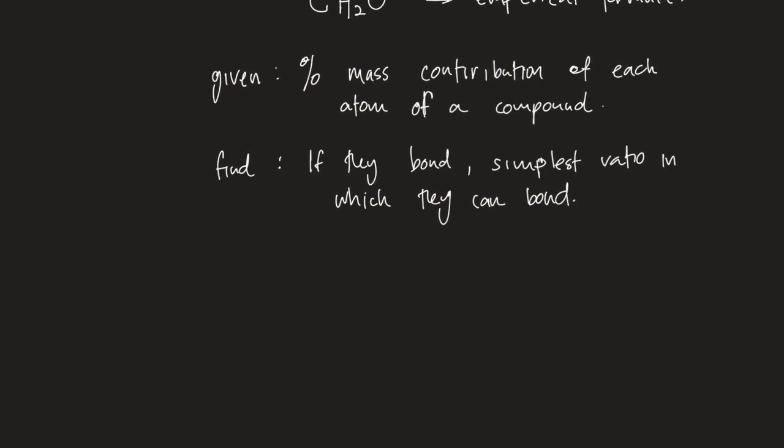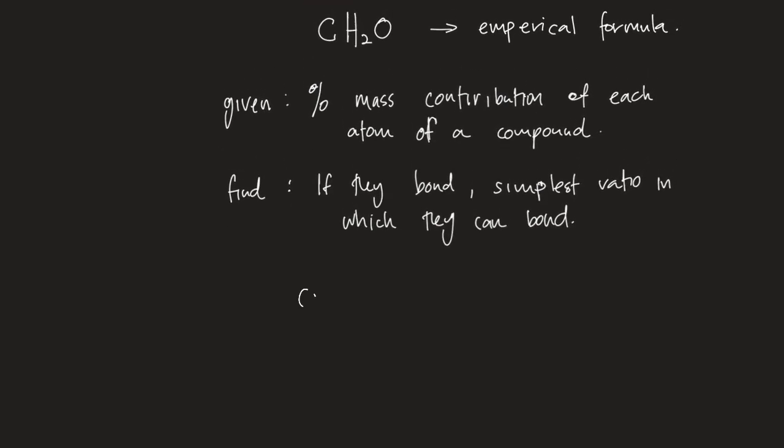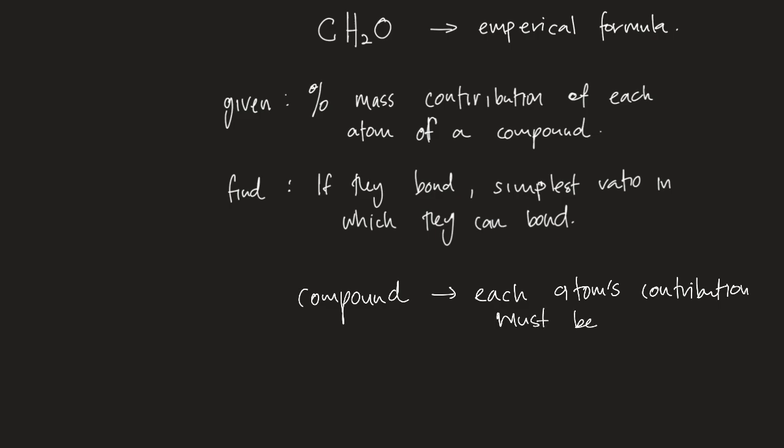The first thing you need to understand is, if I have a compound, each atom's contribution must be in total 100%. Okay, so when we add up each percentage of each compound, I must get 100%.